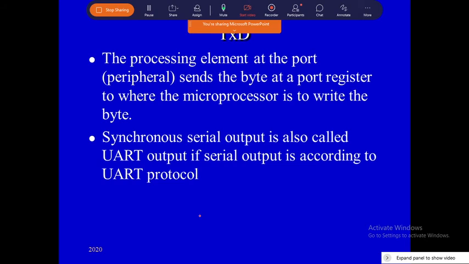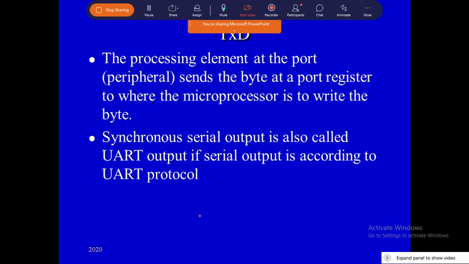The processing element at the port sends the byte from the port register, to which the microprocessor writes the bytes. The microprocessor writes the data to the port register, and from that port register the processing element takes the data because it is an output device.